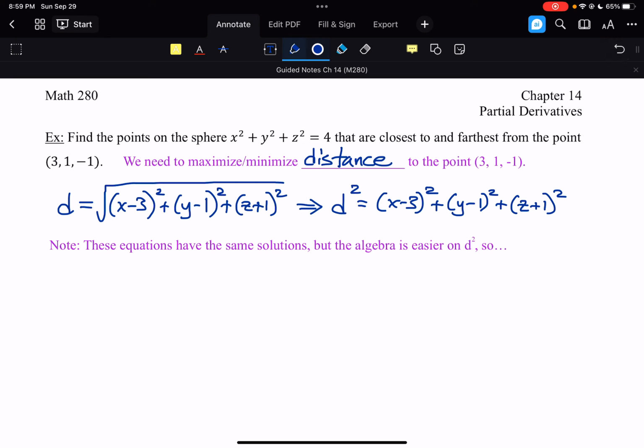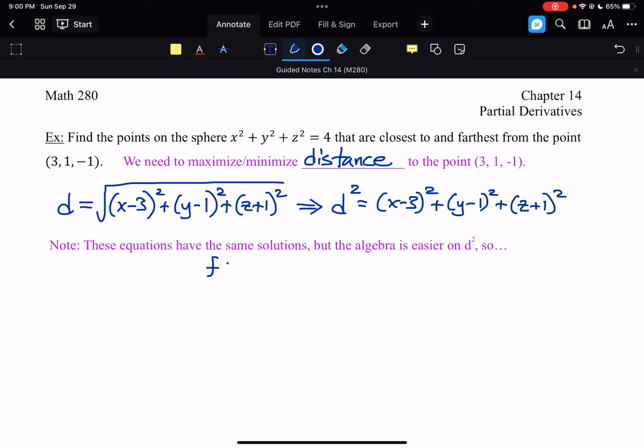So we want to maximize and minimize this function, but this one has exactly the same solutions as the other, and the algebra is easier on this one because it doesn't have a square root. So this is not a mandatory step on these types of problems, but this is definitely going to help us to get rid of this square root. So we're going to work with this equation instead of this one. These equations have the same solutions, but the algebra is easier on d squared.